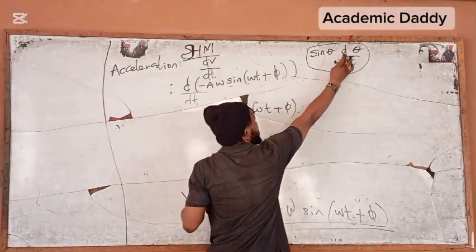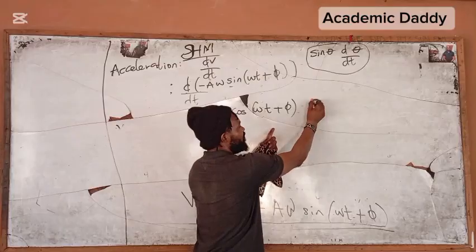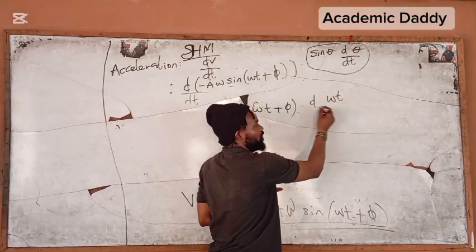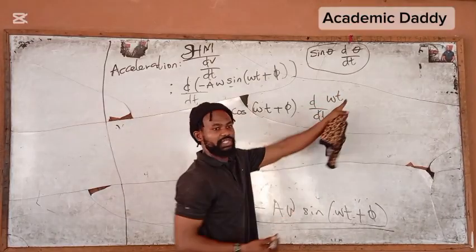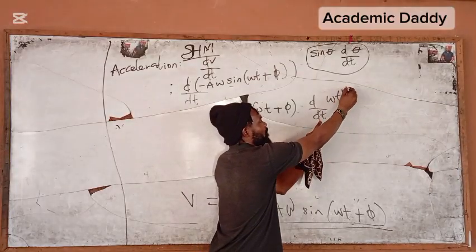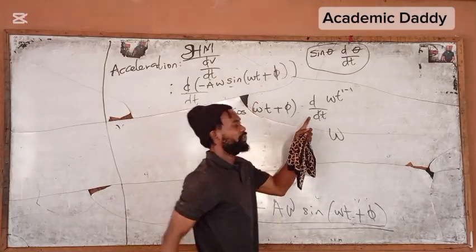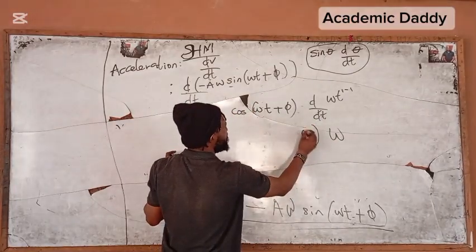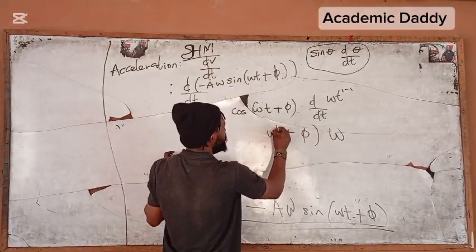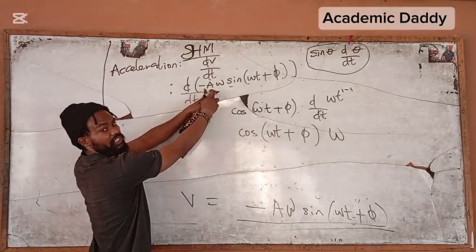Now applying the part of differentiating the angle. You know that the angle I'm differentiating here is Wt with respect to t. Differentiating t with respect to t gives 1, minus 1 is 0, so I'm having only W. Let me bring my W down, so this is now phase angle plus Wt, then I have my cos. Remember that everything here is a constant.